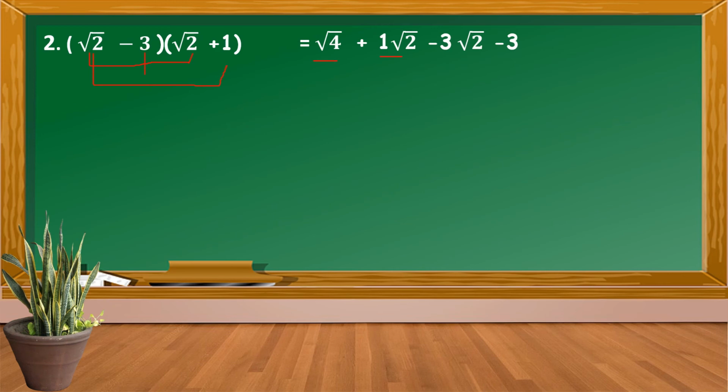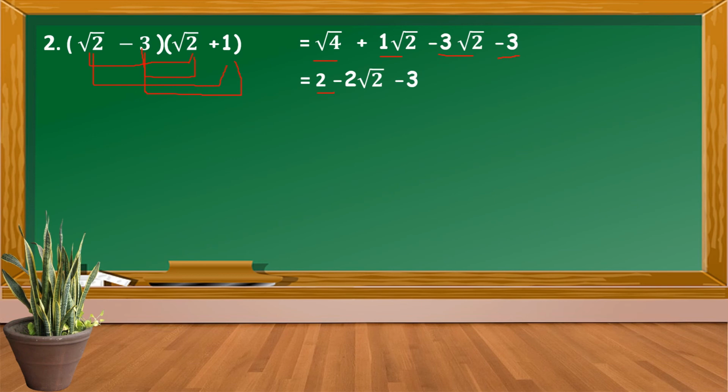Inner. Negative 3 times square root of 2, that is negative 3 square root of 2. Then, the last terms. Negative 3 times 1, that is negative 3. Then, we will simplify. 2, because from the square root of 4. Then, bakit naging negative 2 square root of 2?